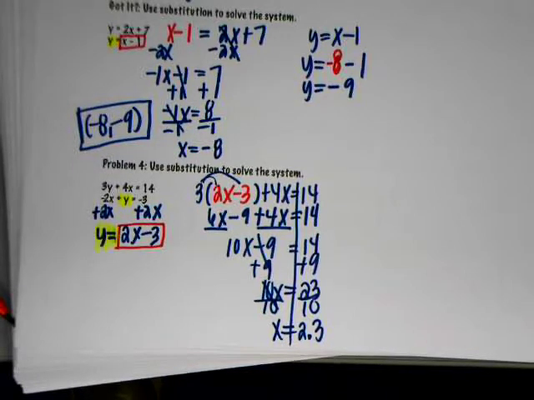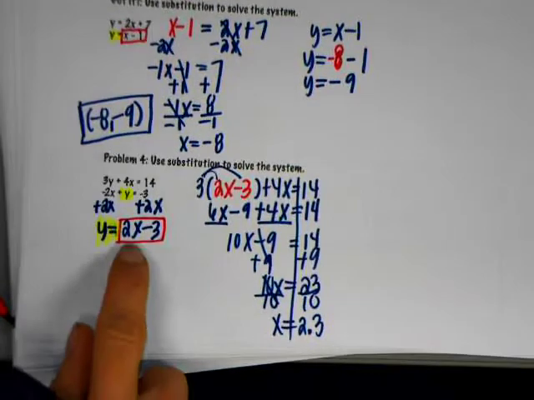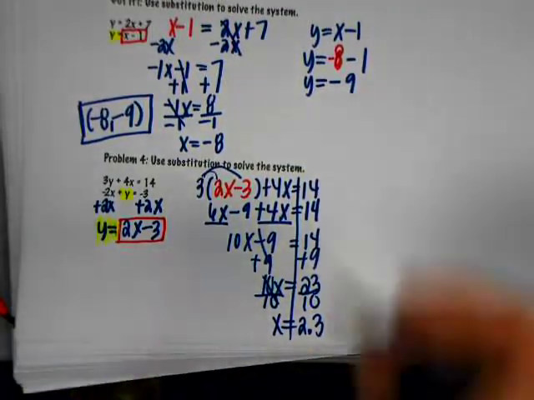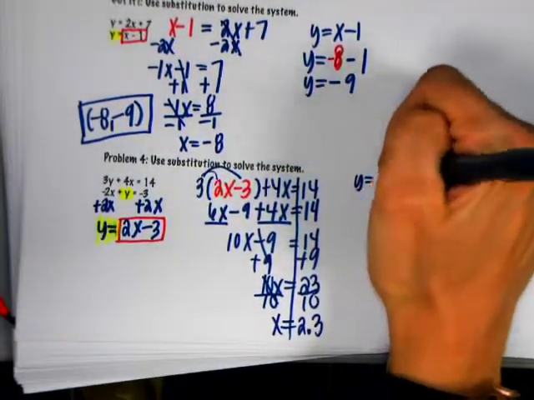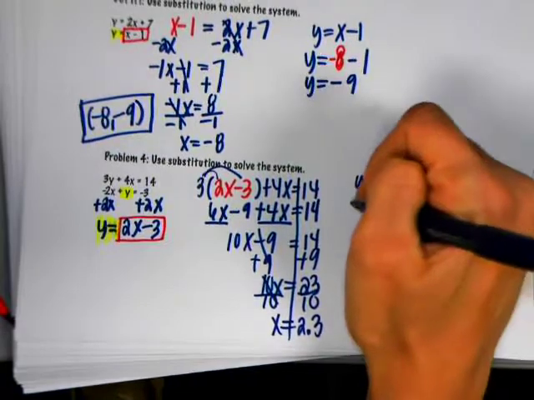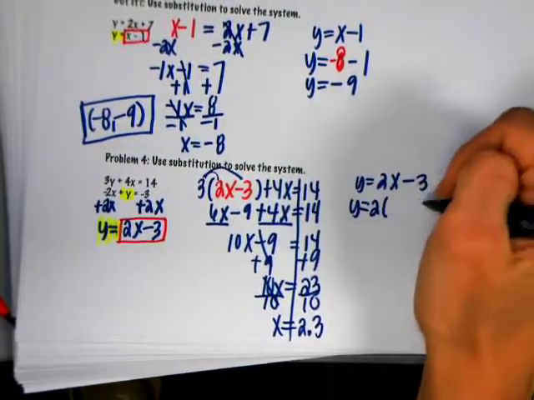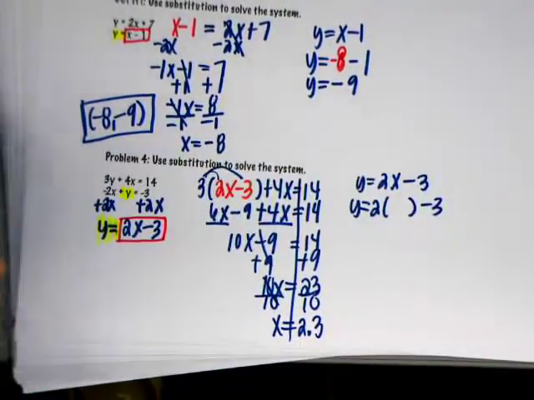Just making sure that's right. Yep. Okay. So then you can plug that in for the x. You can use your new one if you want to. So y equals 2x minus 3. All right, for x, we got 2.3.